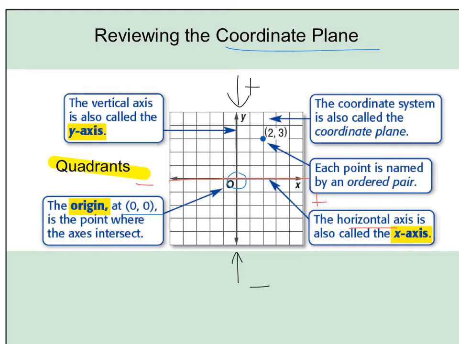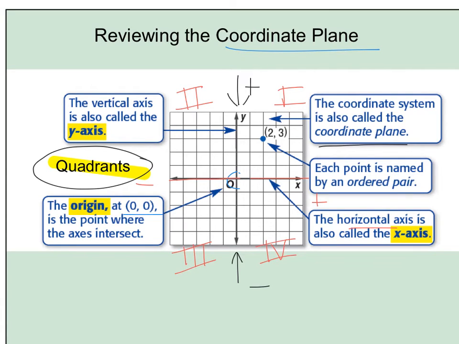The coordinate system altogether is also known as the coordinate plane. Each of these four pieces that are divided when you make the axes together are called quadrants, and they go counterclockwise. So this would be quadrant 1, and they're in Roman numerals: 2, 3, and 4.